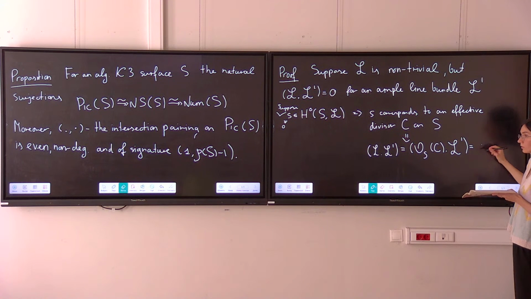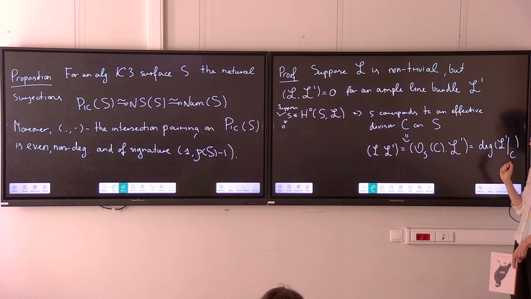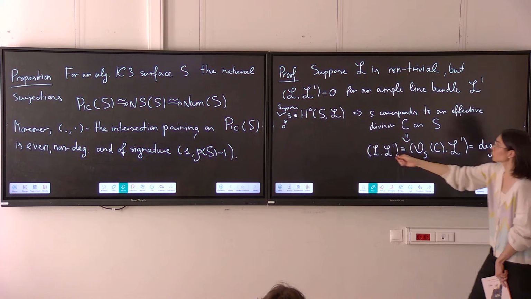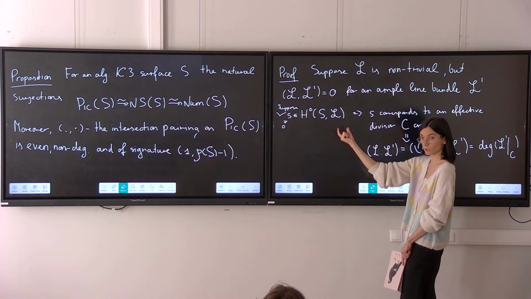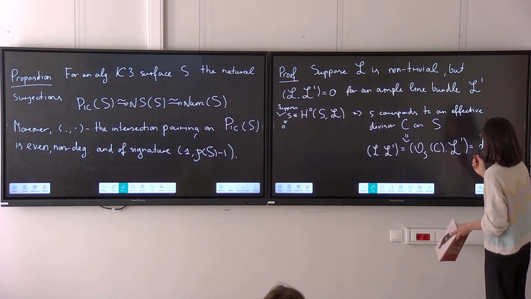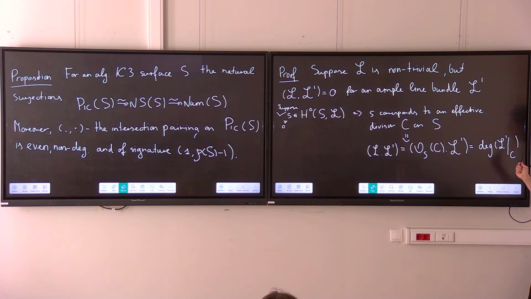It is the degree of L' on C. C could be singular or not irreducible, but in any case it's an effective divisor, and L' is an ample line bundle. What do we know about the degree in this case? Yes, this is strictly greater than 0.